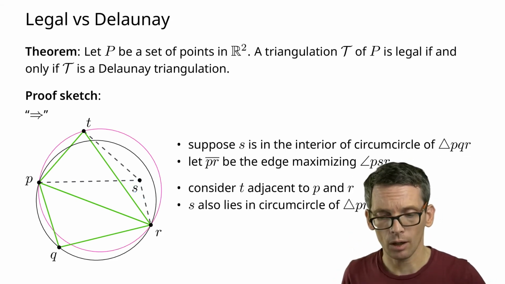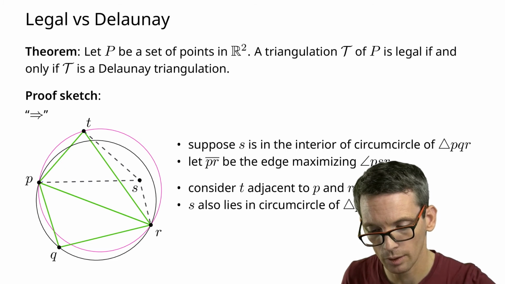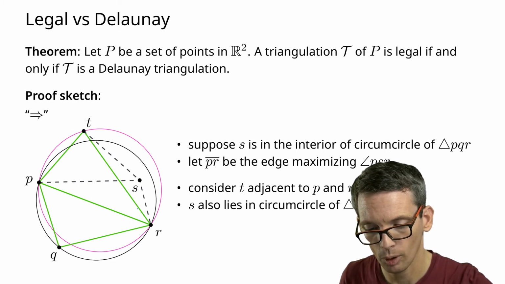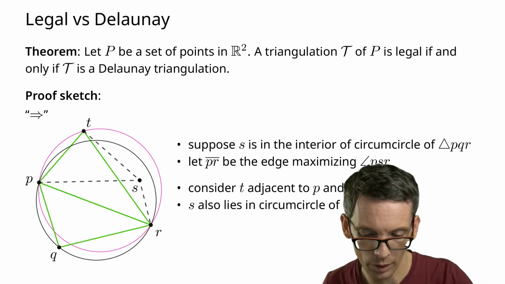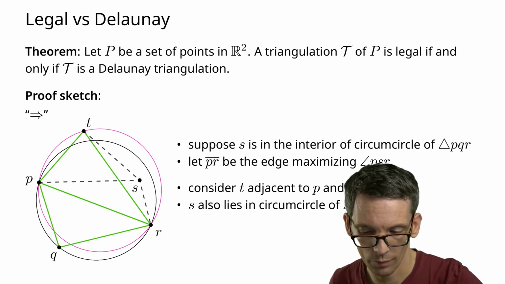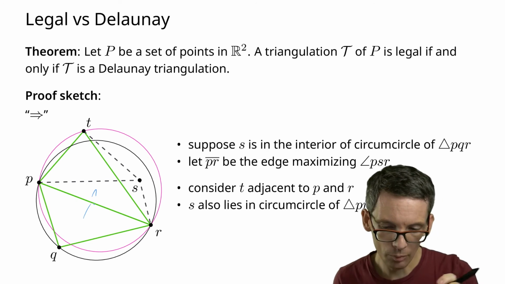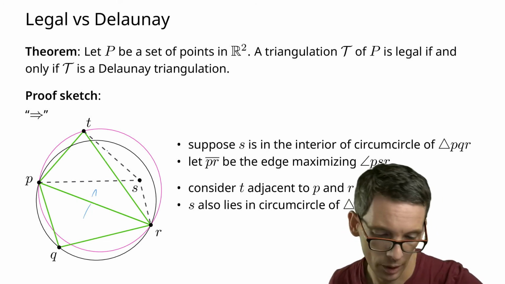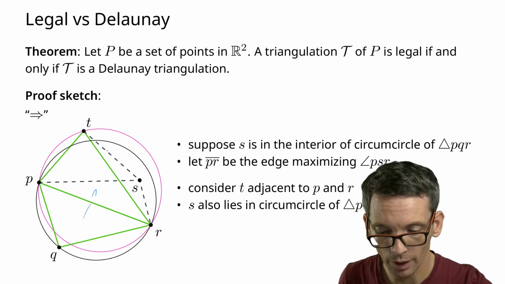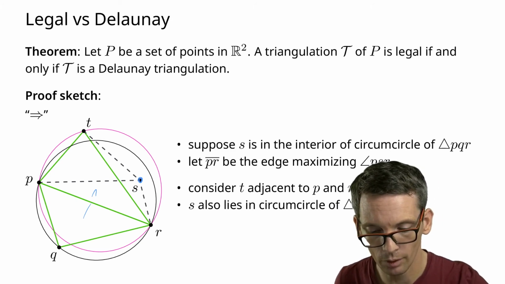But what we get now is that we assume T is the third point of the triangle with P and R. The circumcircle of that one lies slightly above that other circumcircle, so the center moves along that center line slightly. It is further up here, and that in particular means that S is also inside of this one.